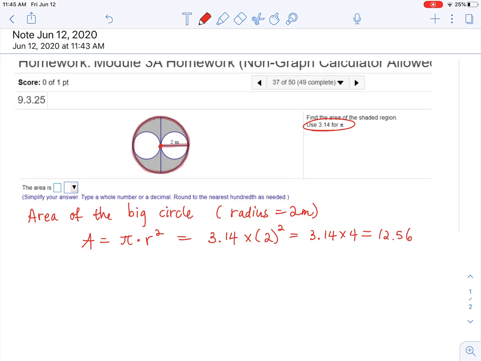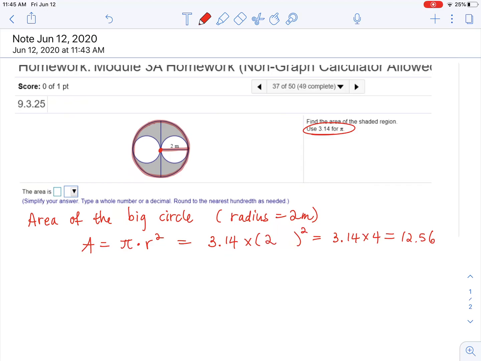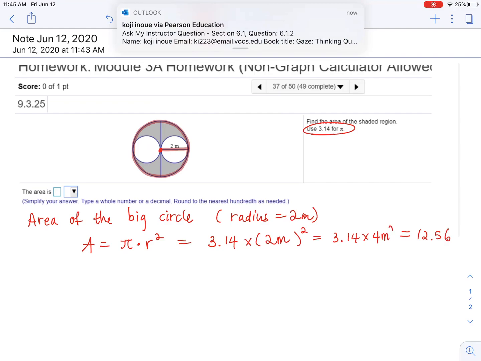Now, here's the thing, though. Maybe I should have been a little more careful with the units. A unit for area is always unit squared. But where did that square come from, really? Notice 2 was the radius, so when I square 2 meters, I get 4, but if I square the unit meter, I get meter squared.